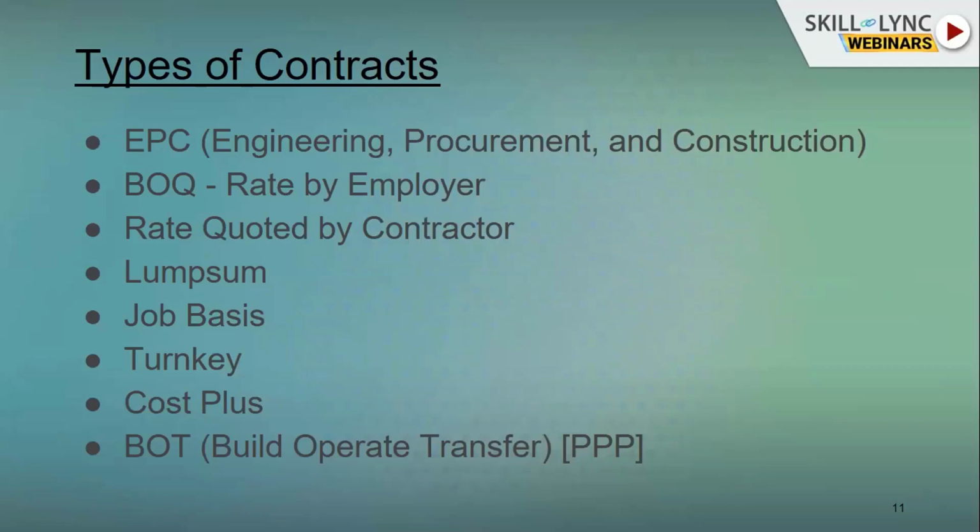A cost plus contract is one where, as per the terms and conditions or the drawings, the contractor has to carry out the work. He has to submit the bills for the supply of material as well as the labor charges, and the employer and executor agree to add a certain profit margin on that particular cost.